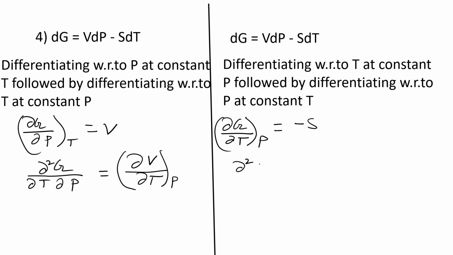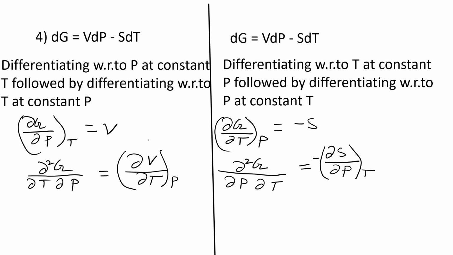So ∂²G/∂P∂T is equal to minus ∂S/∂P at constant temperature. Now once again the same thing, as dG is an exact differential, this ∂²G/∂T∂P is equal to ∂²G/∂P∂T. These are same.